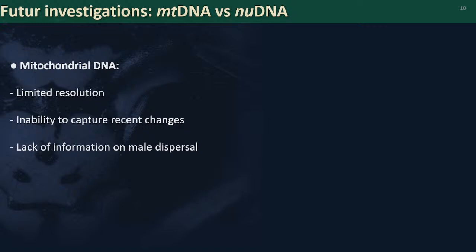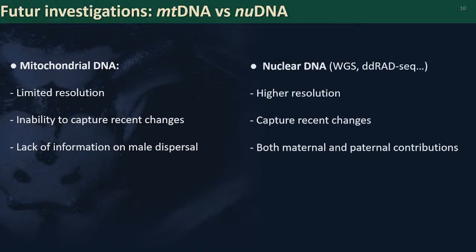We cannot know the relation between the haplotypes or infer the geographical barriers to gene flow. It doesn't allow us to capture recent change, and we are studying recent change because the invasion is only 50 years old, and we lack information on male dispersal.